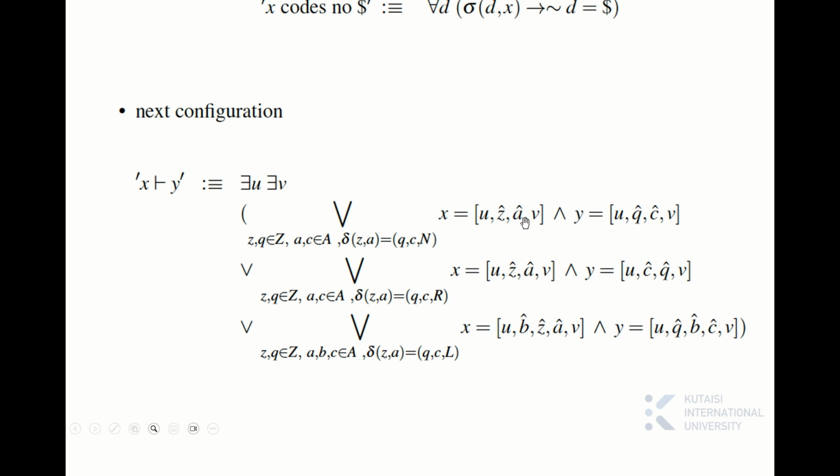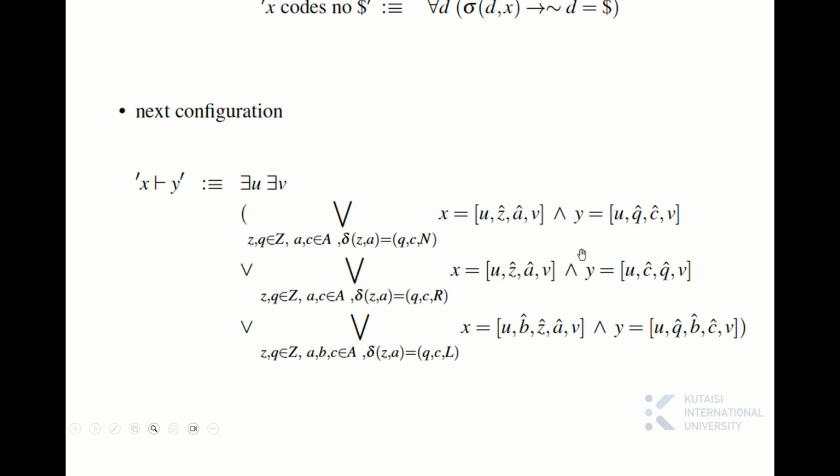Z and A are just numbers, basically. You look at the heads, these are codes of Z and A, and some strings U and V, and Y is again U and V, but Z is replaced by Q and A is replaced by C. So every time this equals this, you can get either X is this or Y is this, or X is this and Y is this. So all possibilities are possible here.